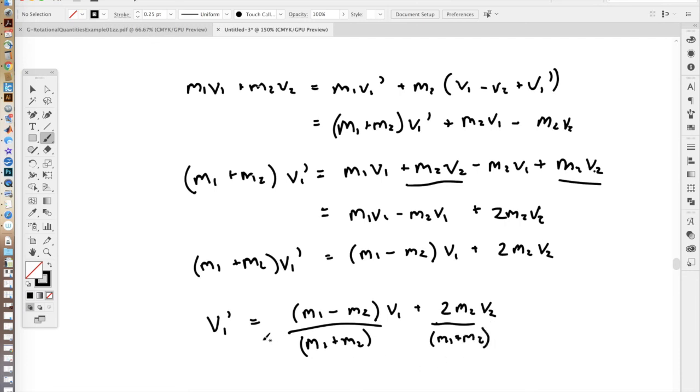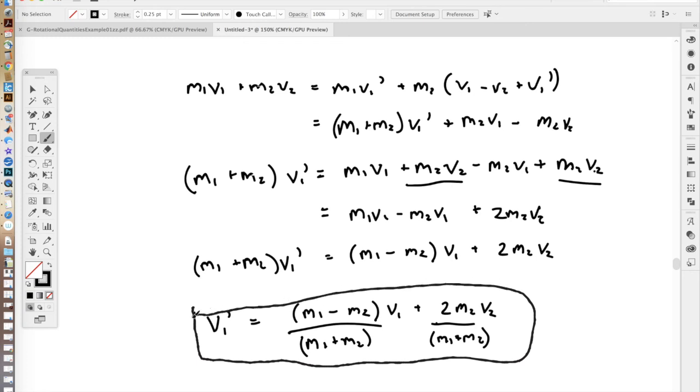And lo and behold, if you go back and look into the textbook, this is exactly that big nasty equation that I told you about. And we just derived it, right?